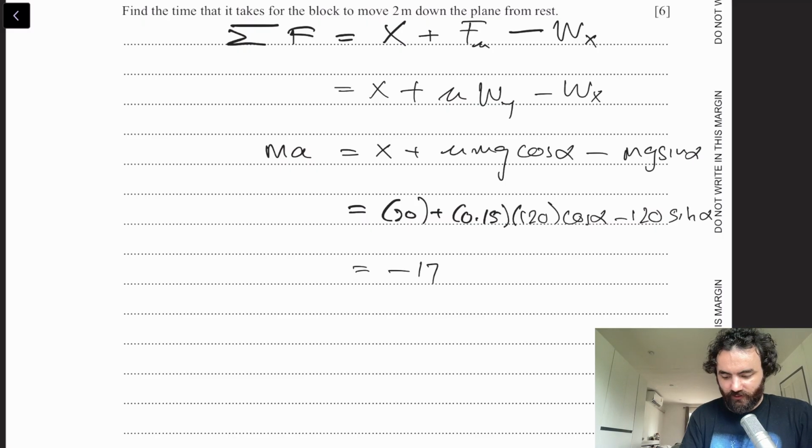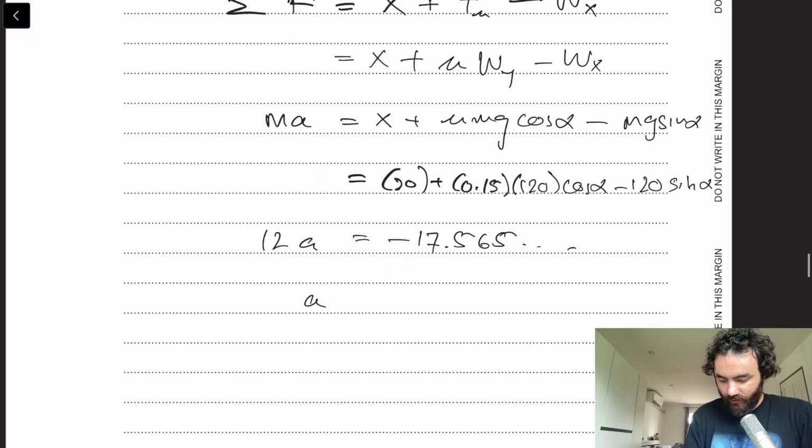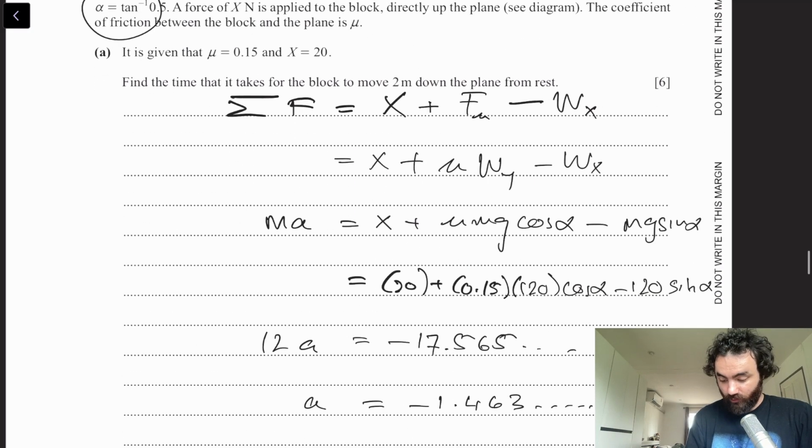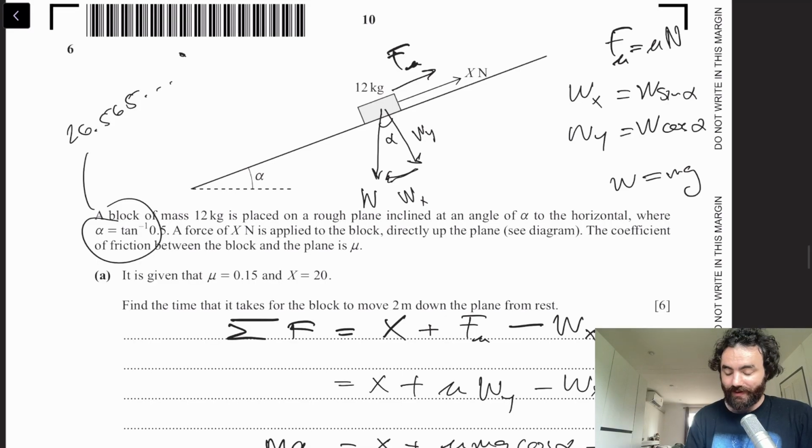This gives minus 17.565 if you plug that in. And then this mass is 12a. So then we get acceleration of this object, divided by 12, is minus 1.463, which is good, it's negative because it should be going down.